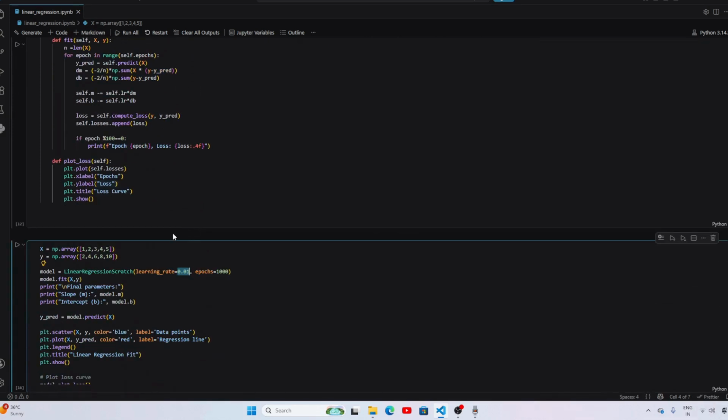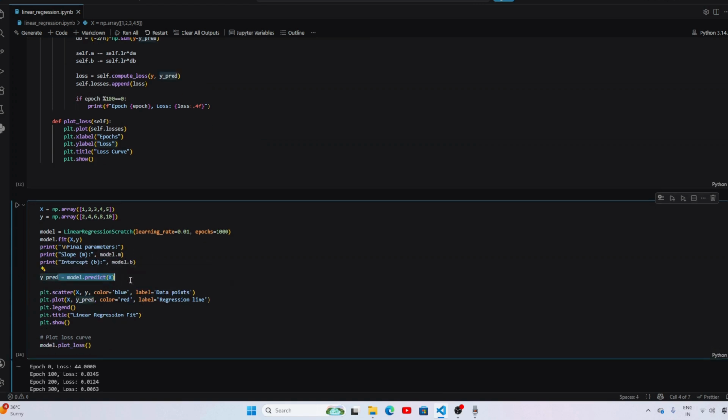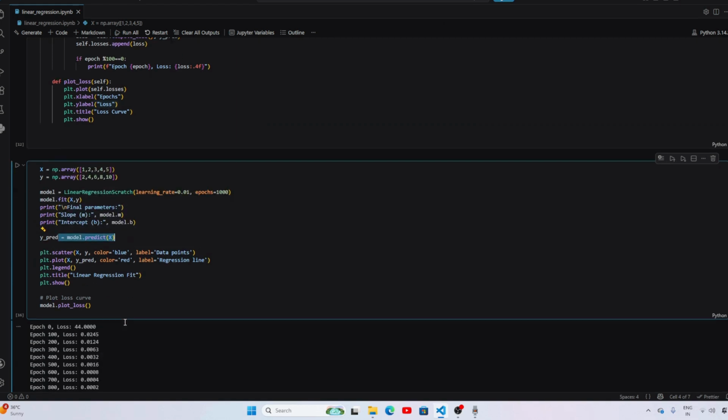And we call the fit function, and we'll see the updated slope and intercept values. After that we'll check the predicted values and plot the scatter plot.